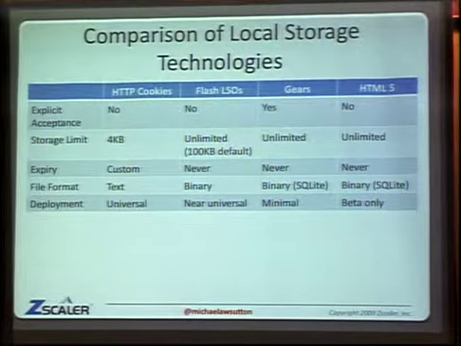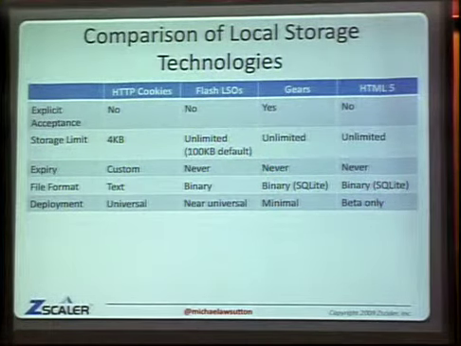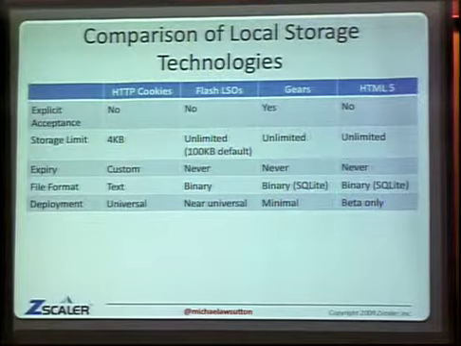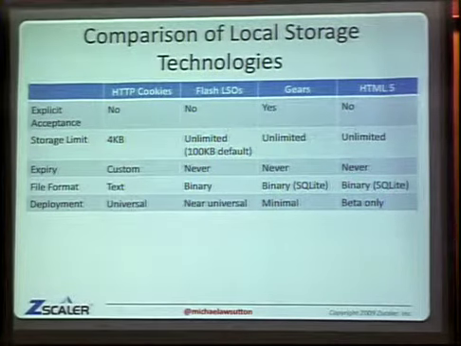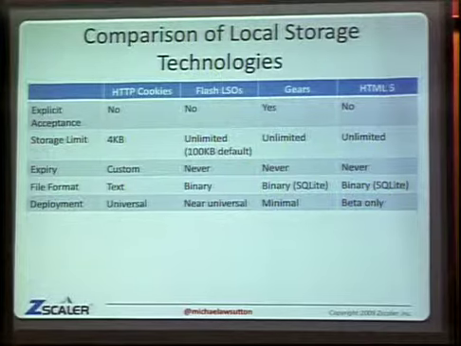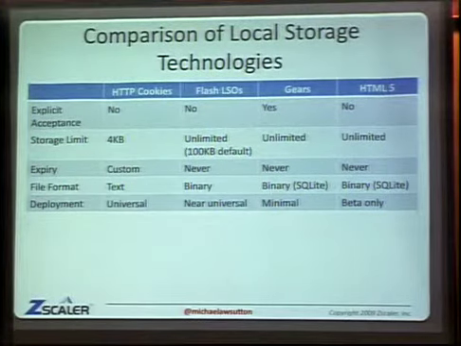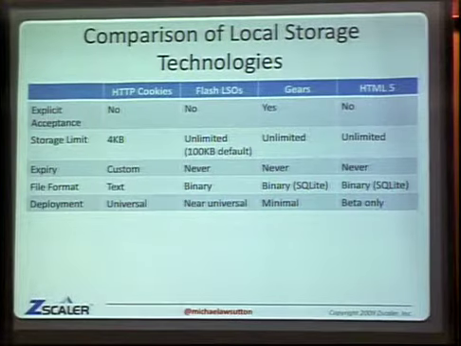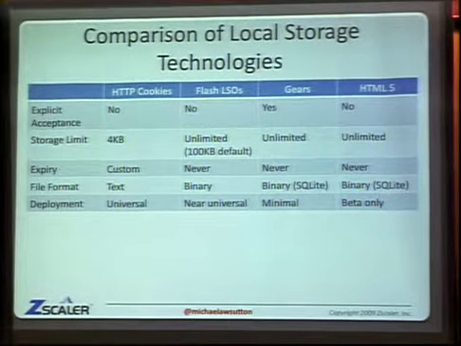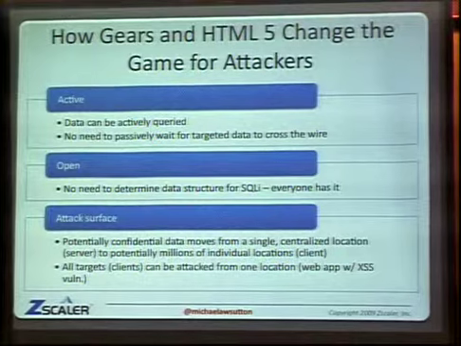And I have greater storage capabilities, 100K by default, and people typically aren't going to be able to flush that. But the future really lies not so much with Gears, but HTML5, although they're pretty much the same thing from this perspective. Unlimited storage. I mean, there's no restriction on how much you can store there. But it's the adoption that's the big difference. There aren't too many sites and end users that are using this just yet.